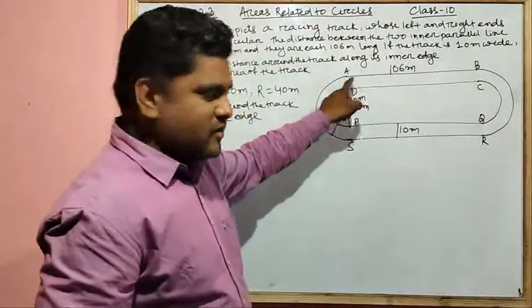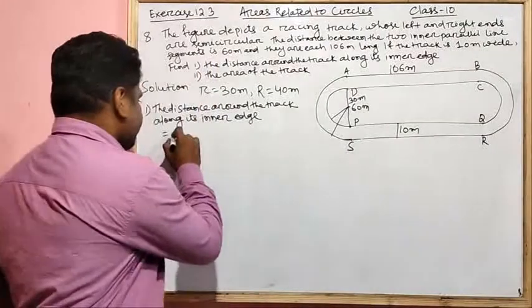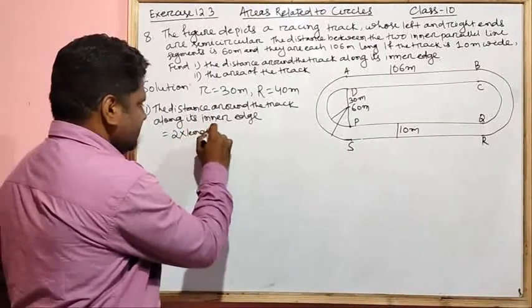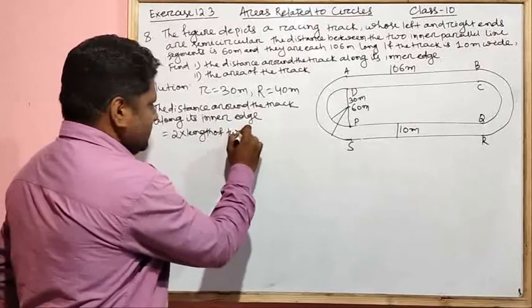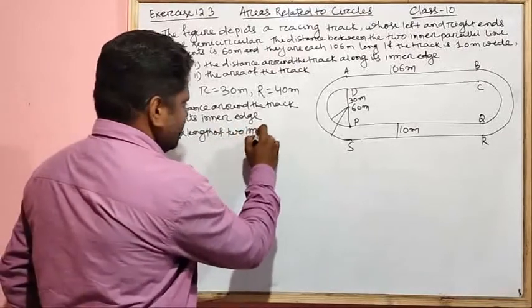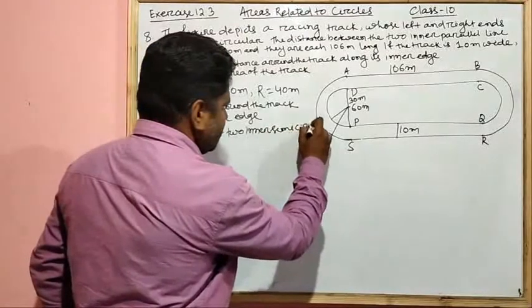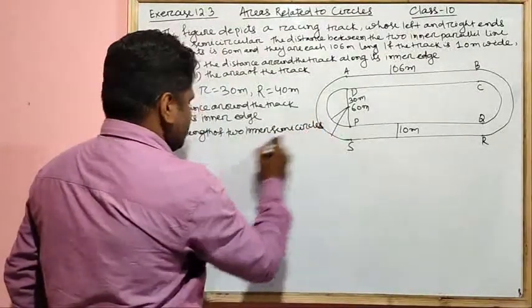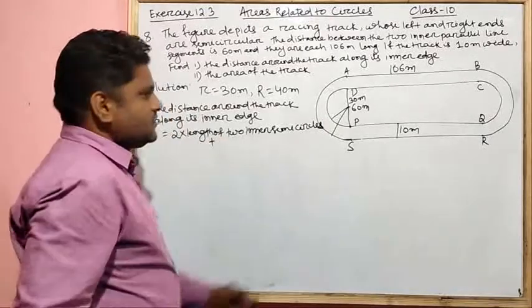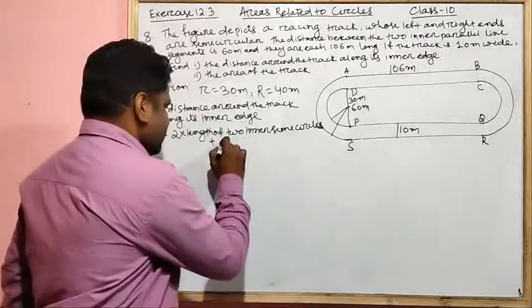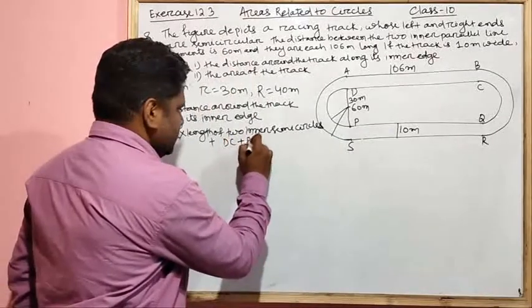So it is equal to 2 into length of two inner semicircle plus this one DC plus PQ.